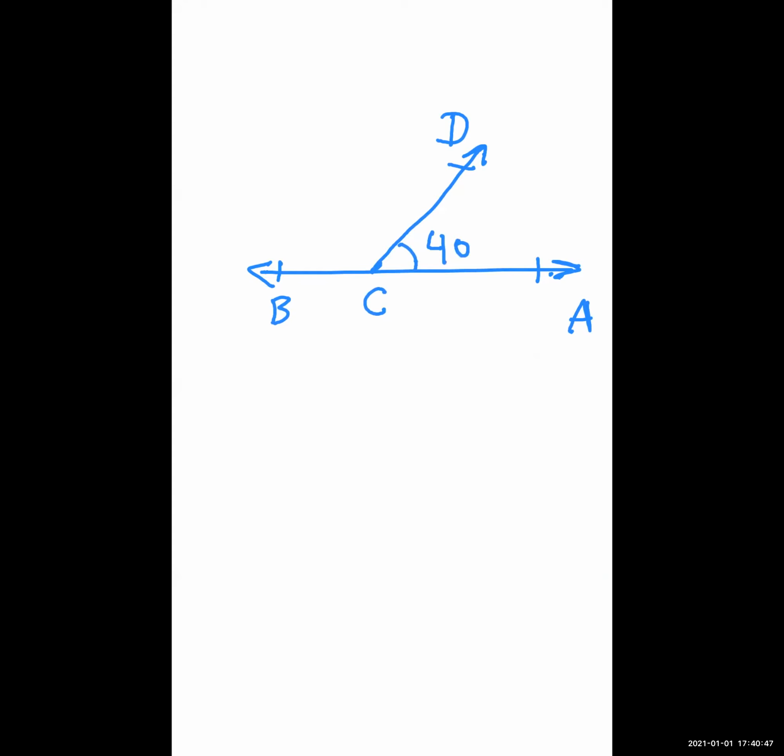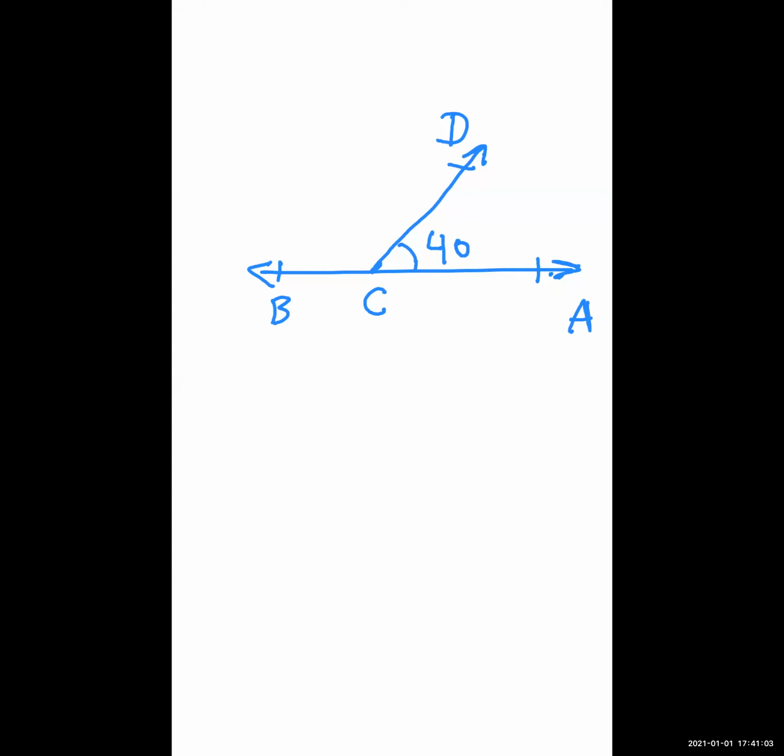Okay, so the two adjacent supplementary angles, guys, are actually formed by a straight line and a ray with a point on the straight line, so they will be supplementary.